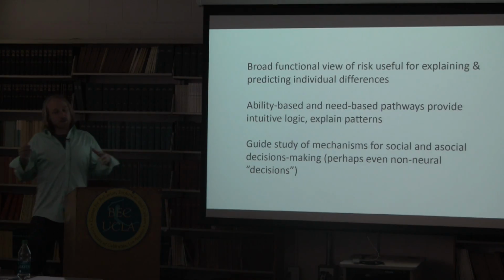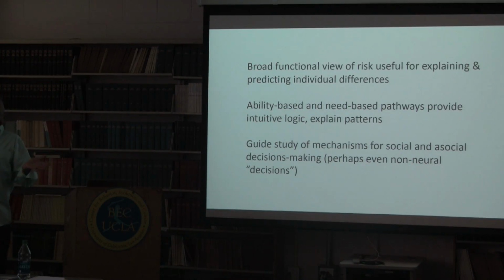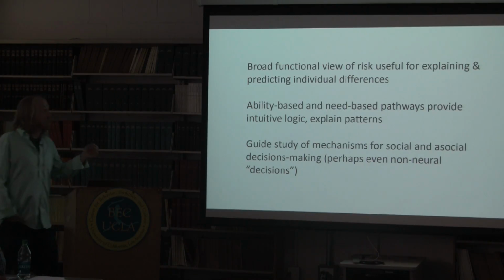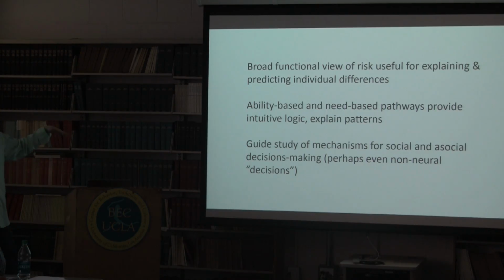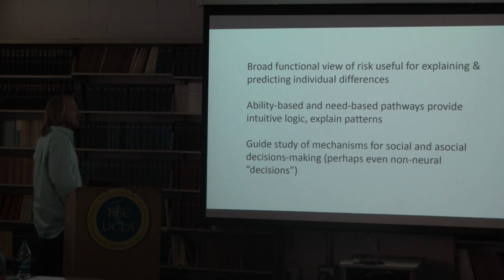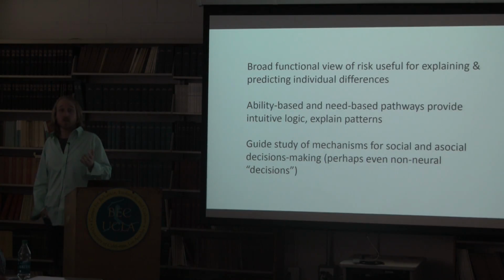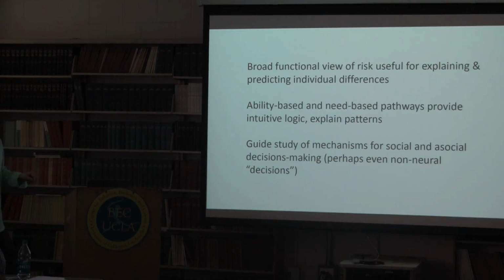So just to sum up everything, the big point here, I think, is that taking a very broad and functional view of risk-taking is useful for cleaning up confusing trends in the literature, for explaining and predicting individual differences in who takes risks and why. There's some intuitive, nice logic to this ability-based pathway, need-based pathway, and the thinking is that this can guide our study of the psychological mechanisms that execute the functional logic that I've talked about.